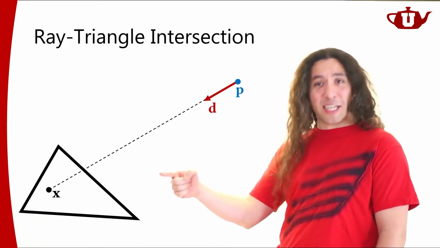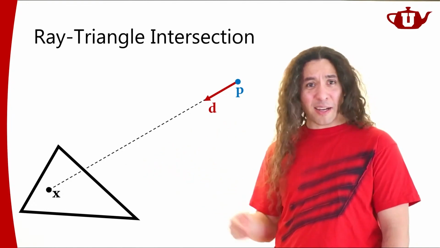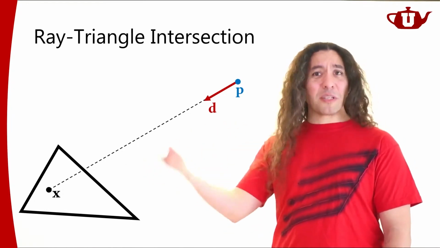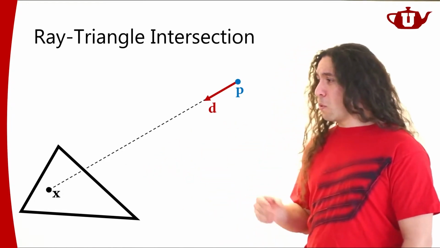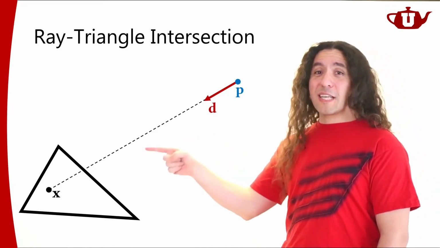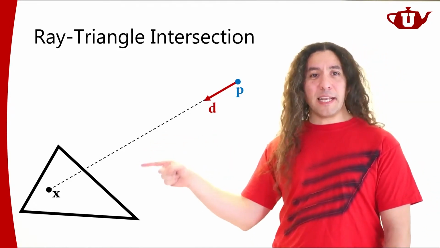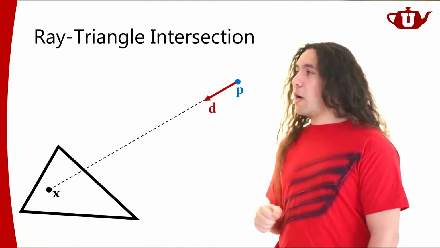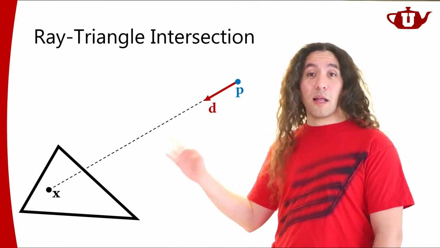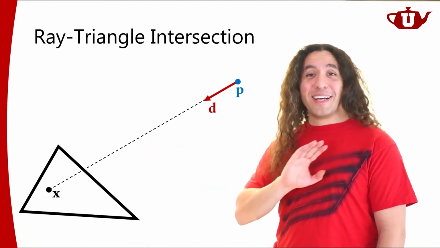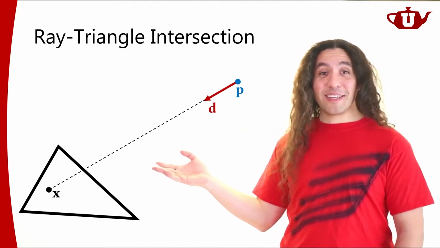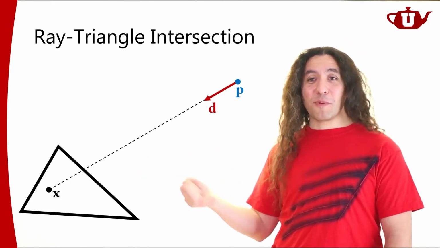I need to check intersections of rays with my triangles. So I'm doing this operation a lot of times when I'm rendering. So this is an operation that I really needed to optimize. That's why people looked into this a lot, and they figured out many ways of computing this, and many optimized ways of computing this.